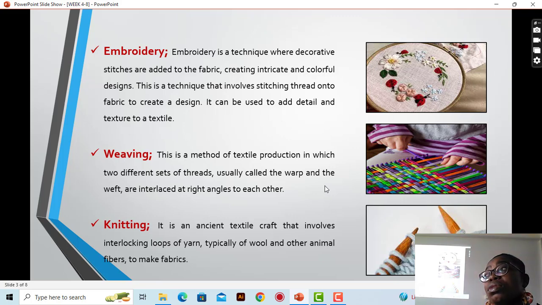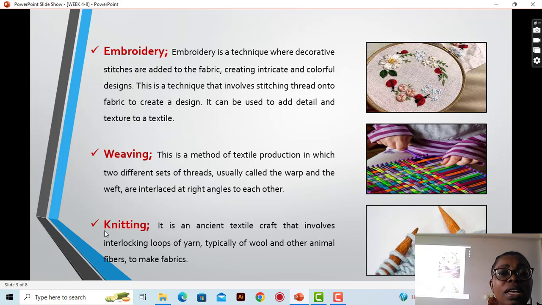So you interlace. If you interlace, it's simple. It means one thread up, one beneath, up, down movement, and then you weave. So maybe we'll be doing a small weaving or something like that.